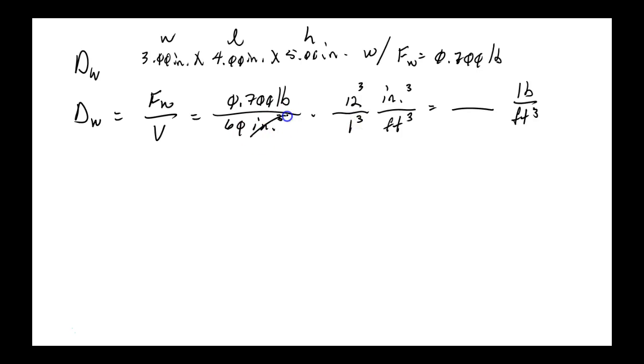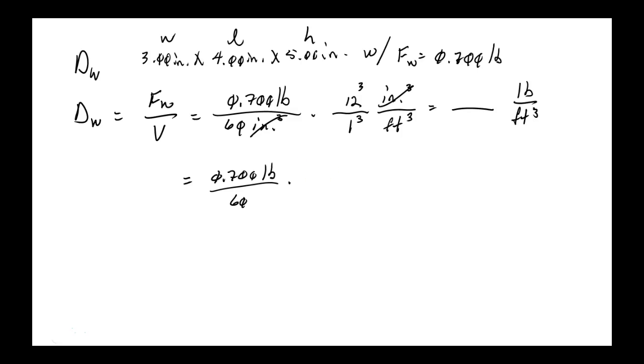Now the cubic inches will go out. They've been dating, and we got to deal with this, okay? So that would be 0.700 pounds divided by 60, okay, times 12 cubed.